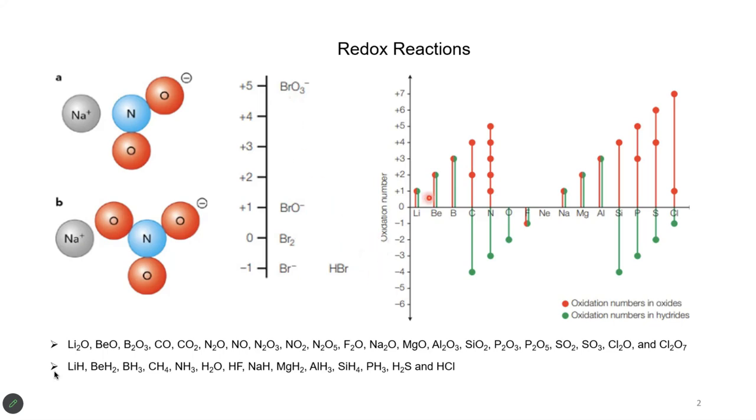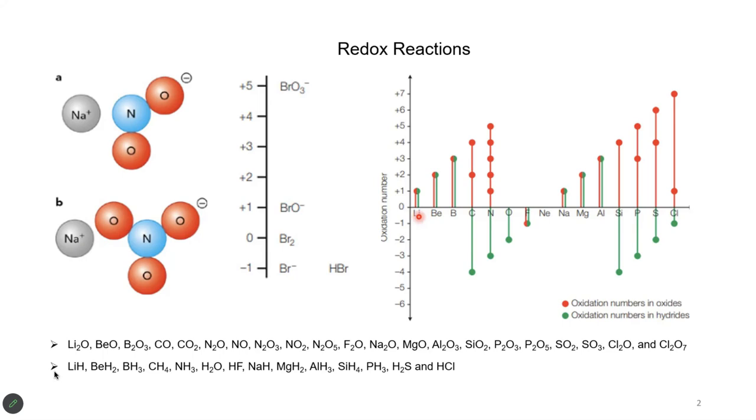And I would like to mention that the compounds I'm mentioning are either synthetically or naturally available. Here, we have elements from lithium to neon and sodium to chlorine. We can see the oxidation numbers in oxides of these elements and oxidation numbers in hydrides of these elements.